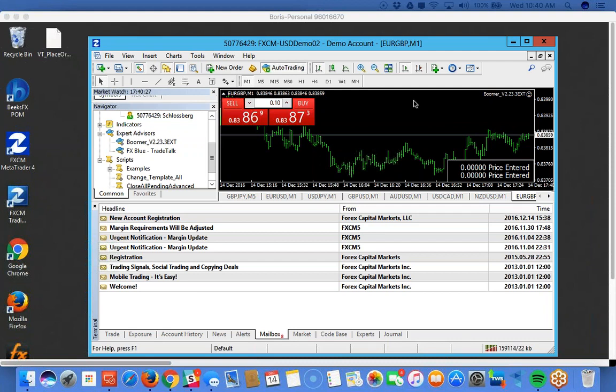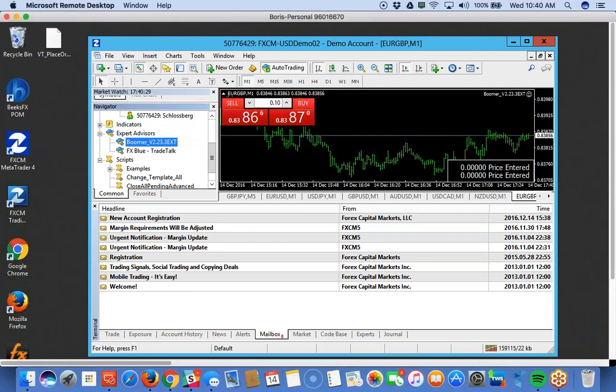The EA that runs, the brains of this whole operation, is called Boomer, and as you can see, we continuously keep working on it. It's version 23.3. We're going to come out with a brand new version that's going to be super cool because it's going to allow you to automatically preset the OO breaks.